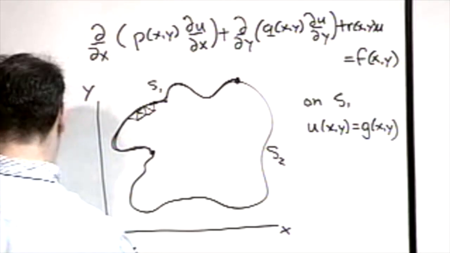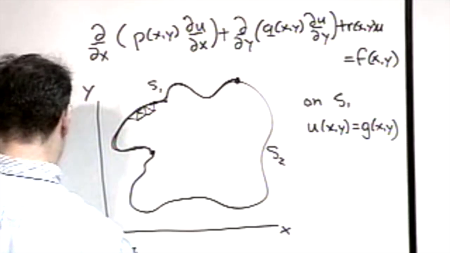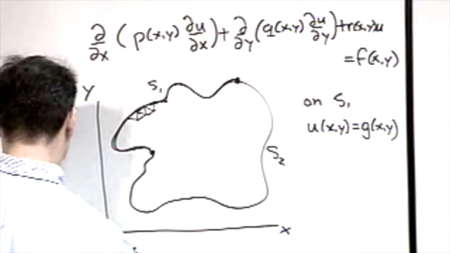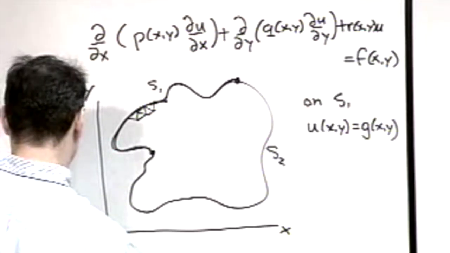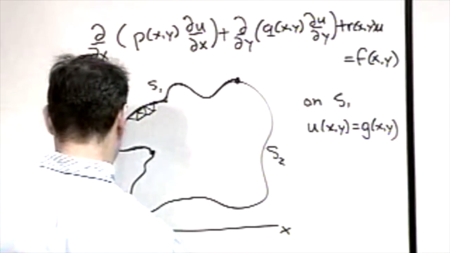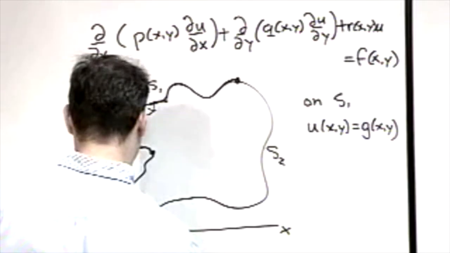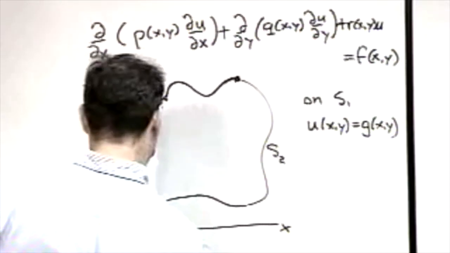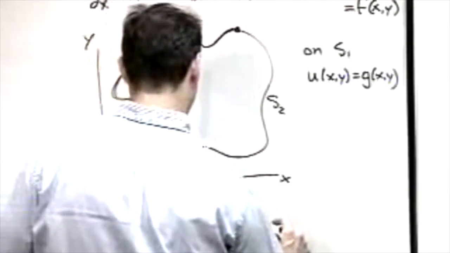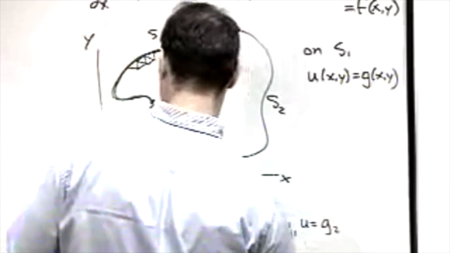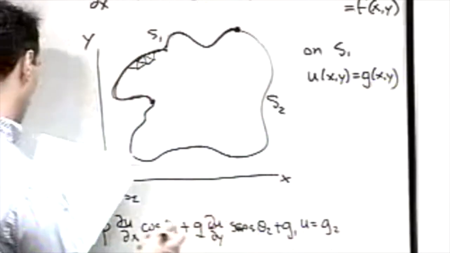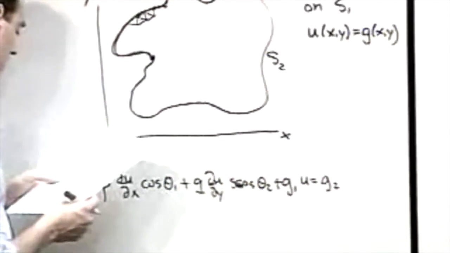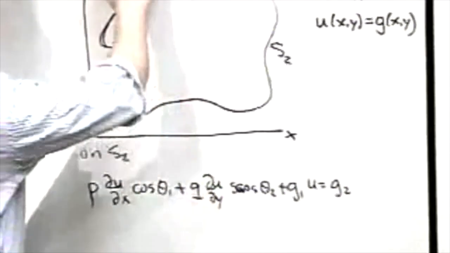I'm going to make something more complicated. I'm going to say that I have p times du/dx cosine theta 1 plus q du/dy cosine theta 2 plus g1 u equals g2, where g1, g2, q, and p are some specified things. p and q are the same p and q up here.